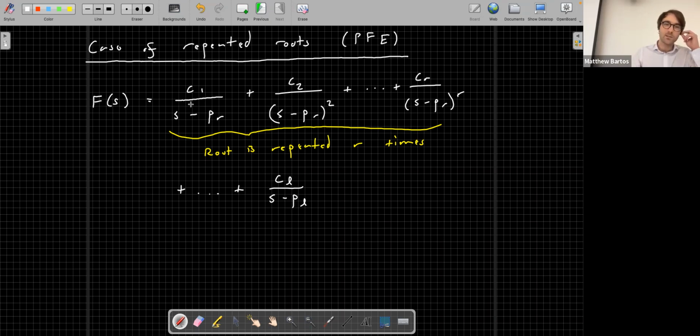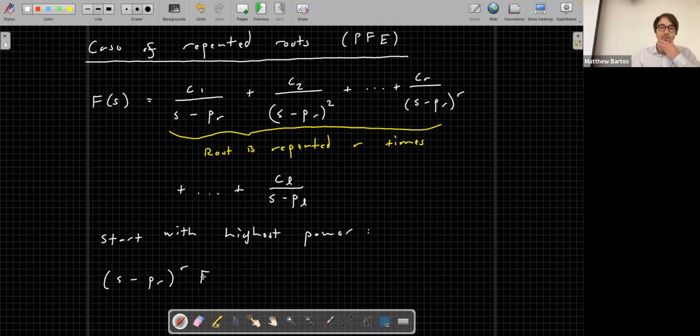Okay, so the solution procedure for this case is very similar. We start by multiplying through the highest power of this root in the denominator. So we start with the highest power and multiply it through. And we end up with (s minus pR) to the rth power times F of s, evaluated at s equal to pR, is equal to CR.